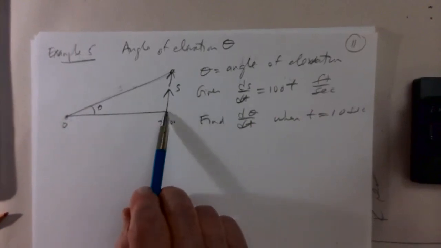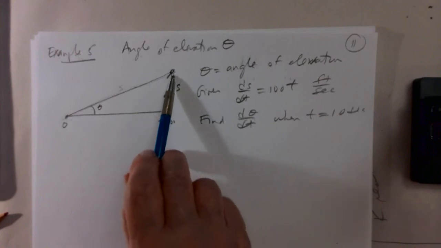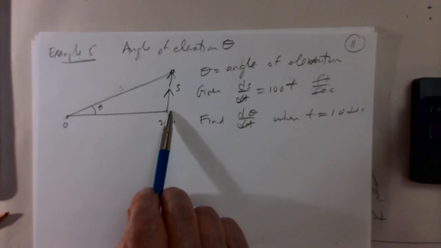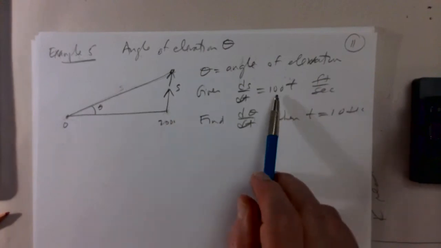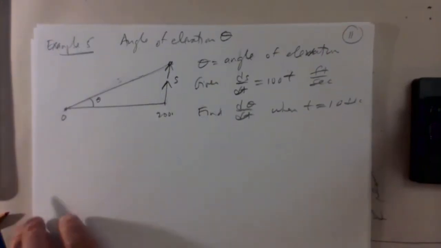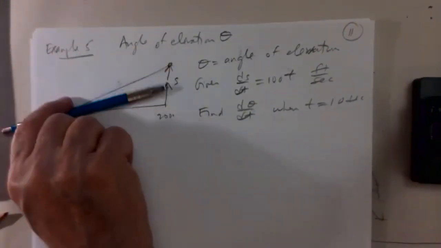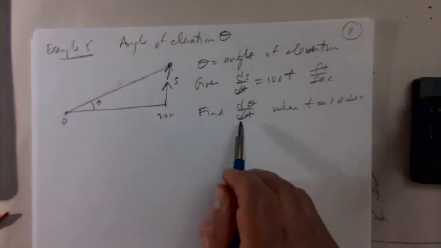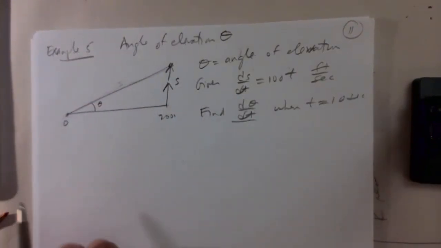At time 0, the rocket, which is 2,000 feet away, is being shot up into space. And its velocity, ds/dt, is 100t feet per second. It's going faster and faster and faster. And as it goes up, the angle of elevation is increasing. And you want to find d theta/dt when t is equal to 10 seconds.